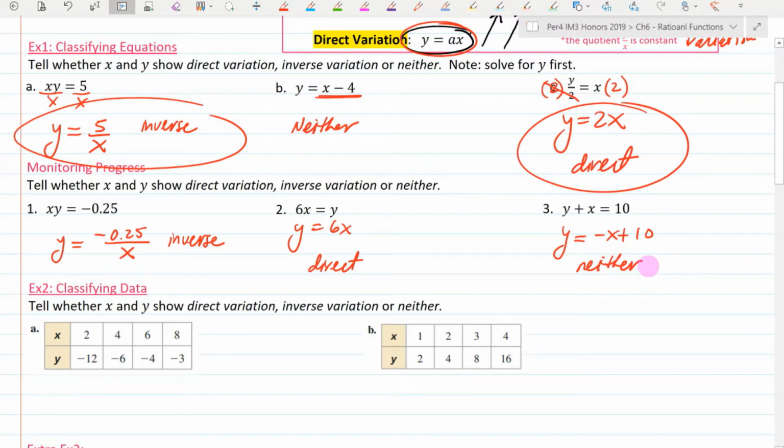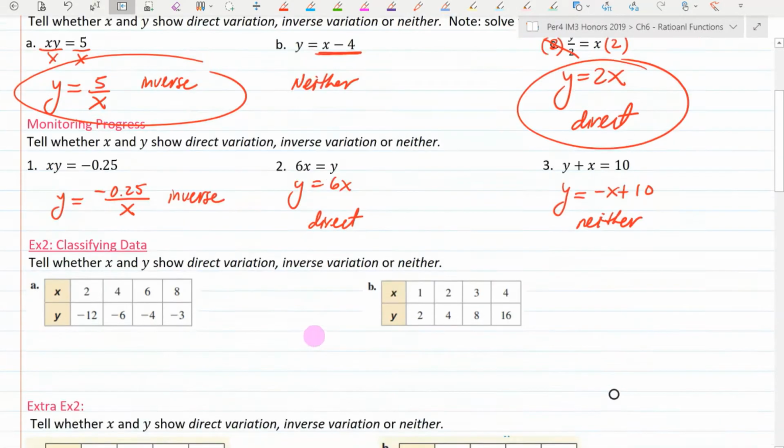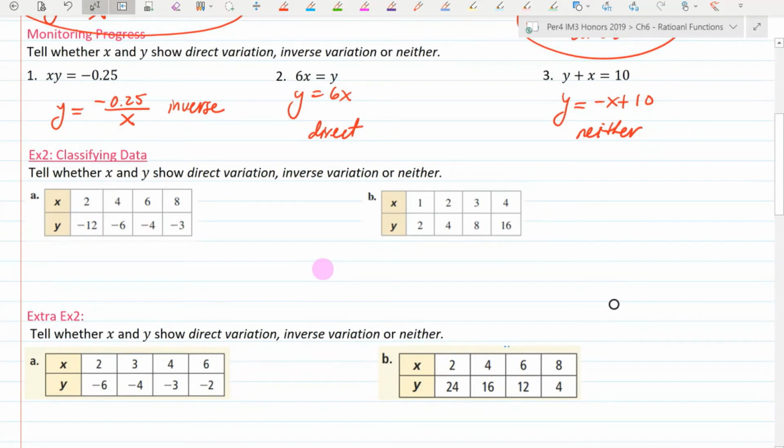All right. Now what are we going to do if we have a table? In a table, you can also tell whether you have inverse or direct variation. So you can take a look at the table and see if they're either dividing. So if I do this division, 2 over negative 12, that's 1 over negative 6, and then 4 over negative 6 is negative 2/3. So it's not division.